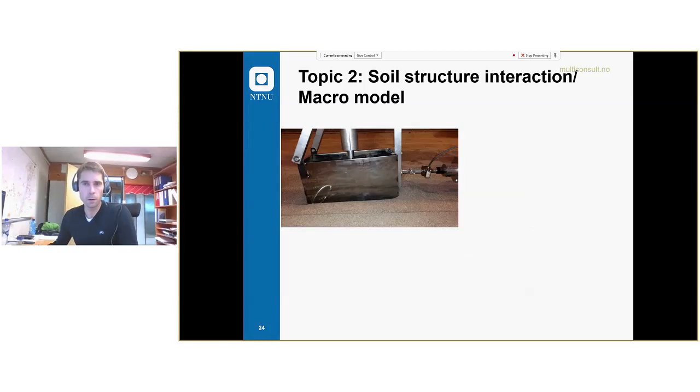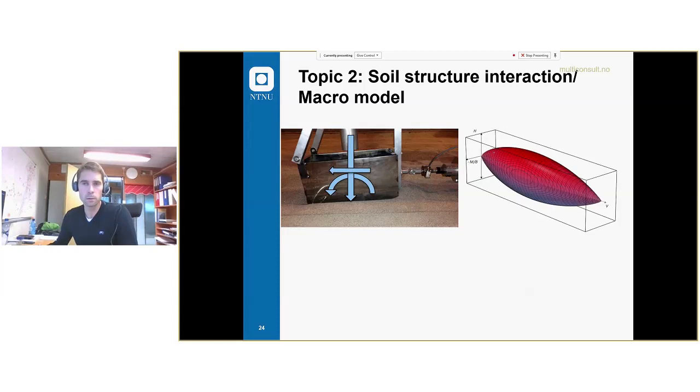So how this concept works is illustrated by VHM, that's vertical, horizontal, and moment loading on a foundation. We have a yield surface wherein elastic displacements will occur if the load state is changed, and we have a potential surface, a flow rule, and a hardening law.